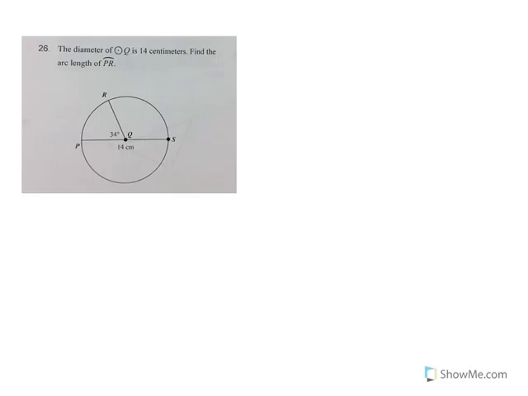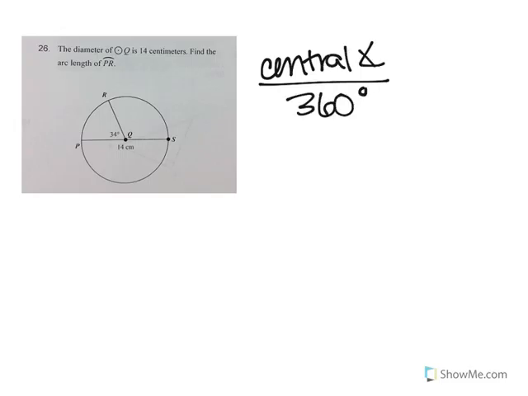Okay, so the formula is you take your central angle and set it over 360, and you multiply by 2 pi r. Okay, so that's your actual formula if you want to plug your different variables in. Alright, so if we take a look at our picture, our central angle is 34.